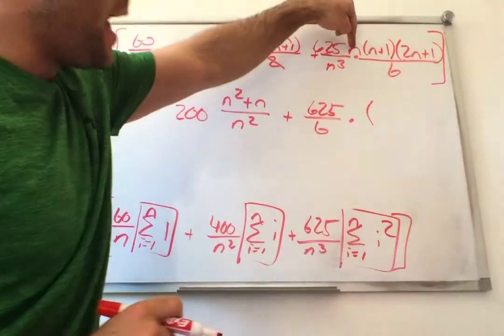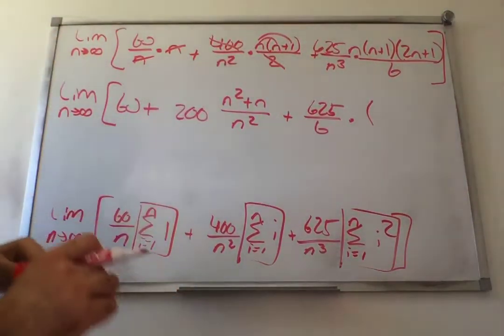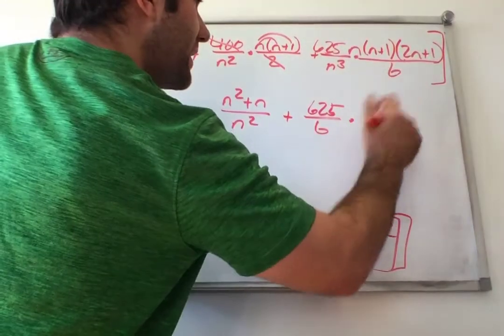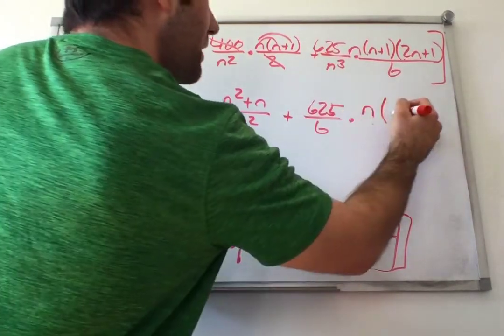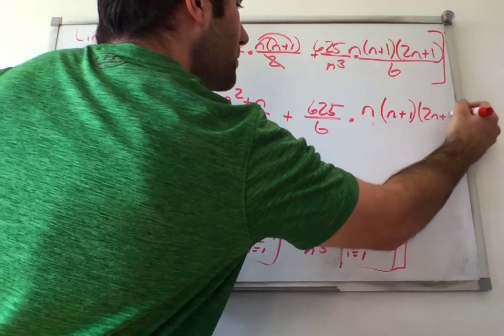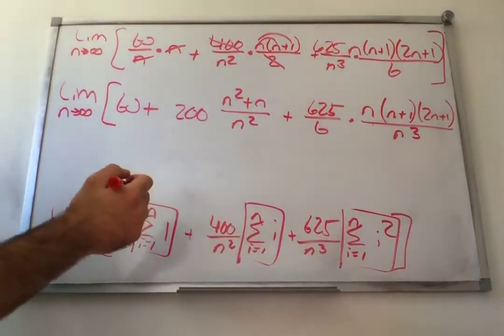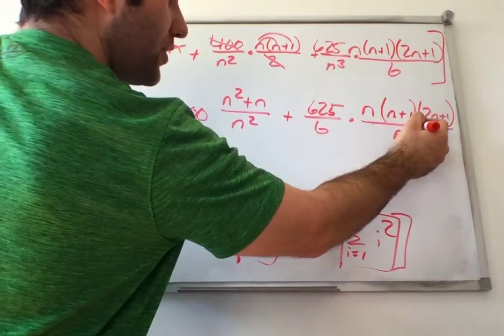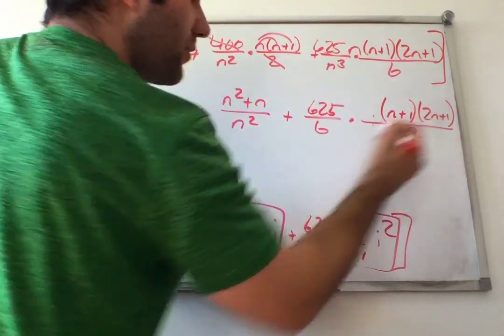It should be n times n plus 1 times 2n plus 1. So we get this n here times n plus 1, 2n plus 1 divided by n cubed. If you notice, this n cubed and this n can cancel, so this makes an n squared right there.